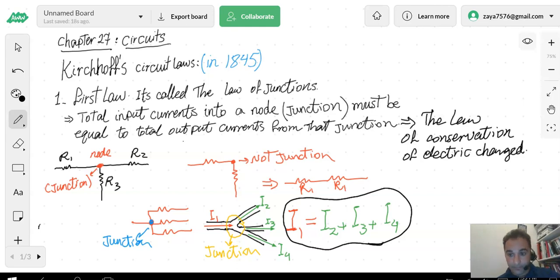Alright? So in circuits, if we have something like this, it's up to you what direction you want to choose. So let's say this is I1. Then I'm going to say this is I2, correct? You can see I1 goes, I2 goes. So I1 is input, I2 is input. Like this is a river, this is another river.